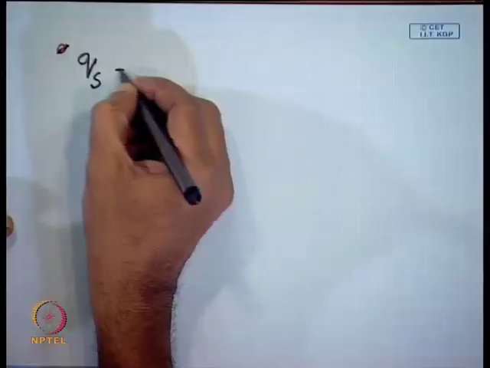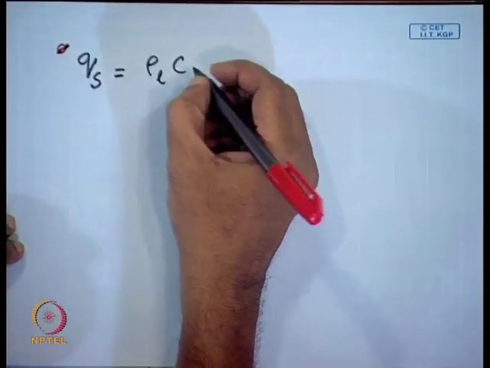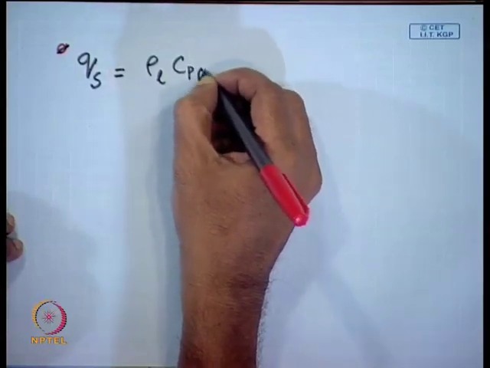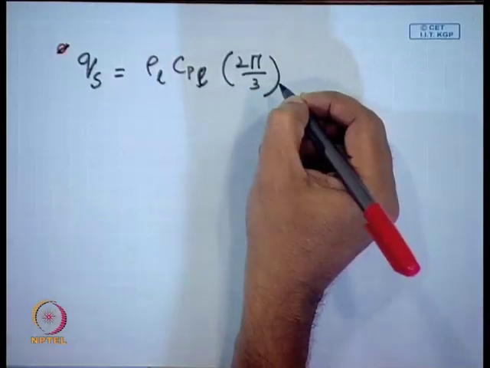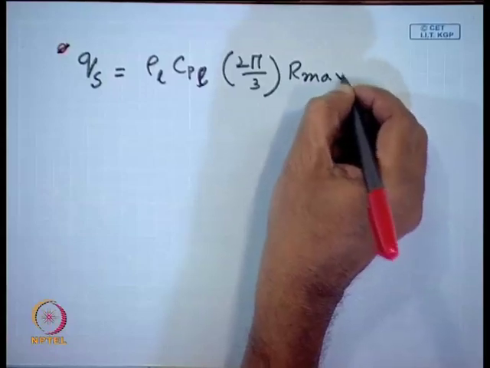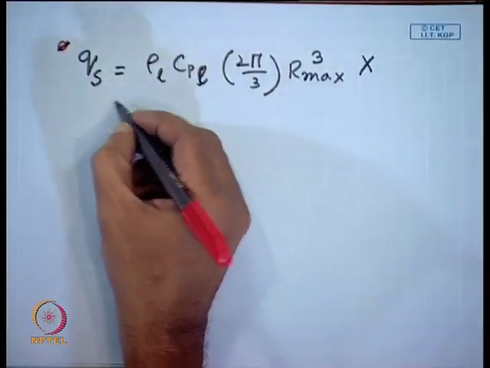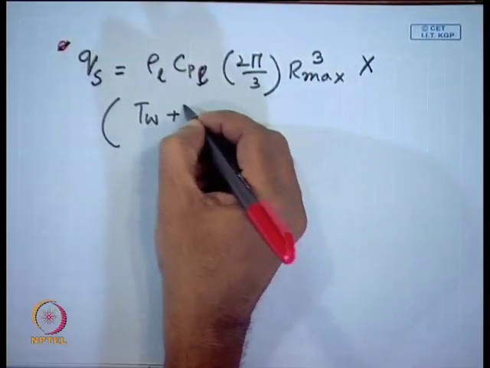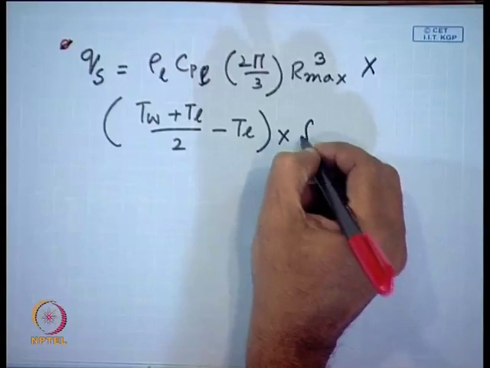The equation for heat transfer will be, sorry, this is the red one, Q s is equal to rho L C p L, 2 pi by 3, R max cube, multiplied by (T w plus T L by 2 minus T L) multiplied by F.